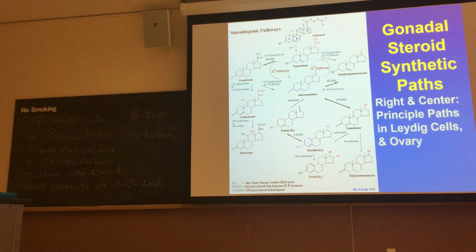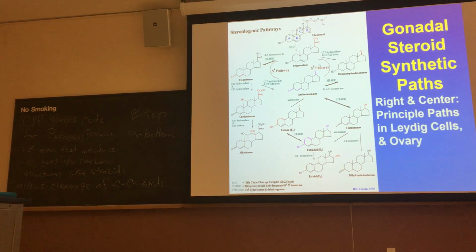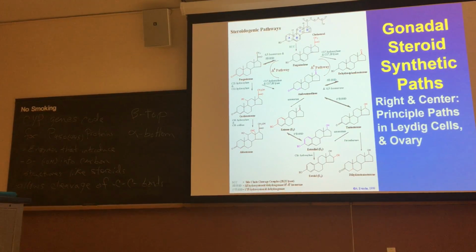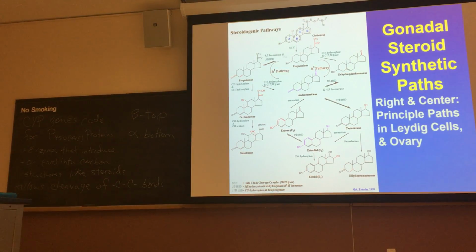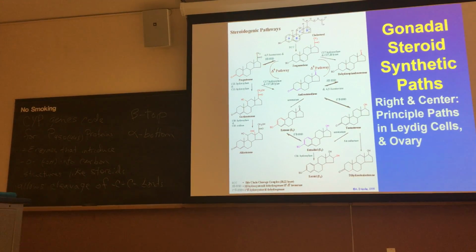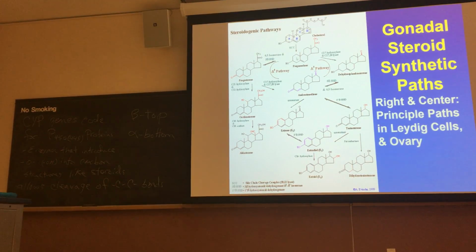One's called the delta 4 pathway, the other one's called delta 5, that take this molecule and start manipulating the bonds and the OH moieties on it to give you first progesterone in this direction and then down to androstenedione down here or to corticosterone, if you use this set of enzymes.